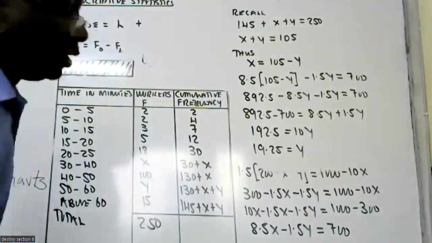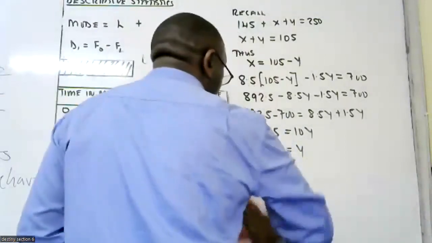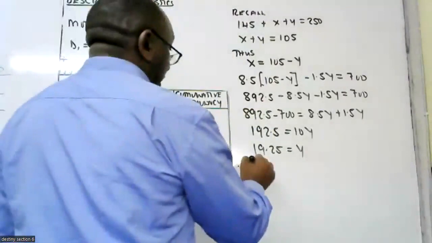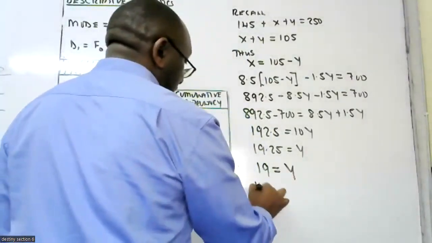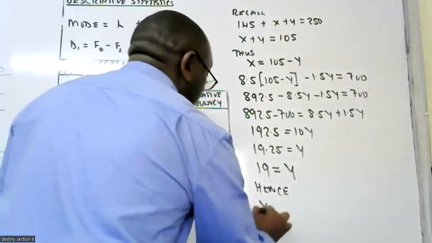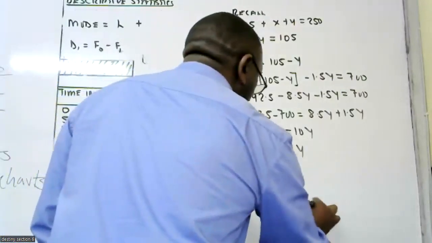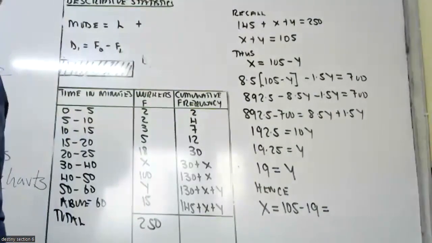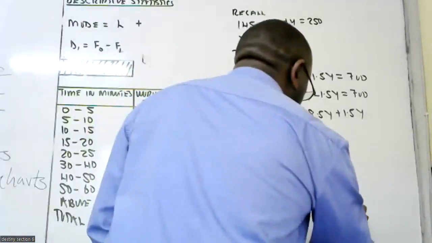If 19.25 is y, I can approximate this and say y is 19. Hence, x is equal to 105 minus 19. 105 minus 19 is 86.